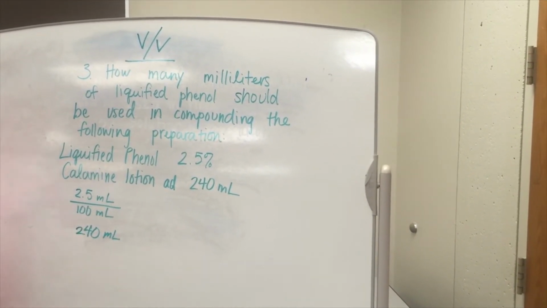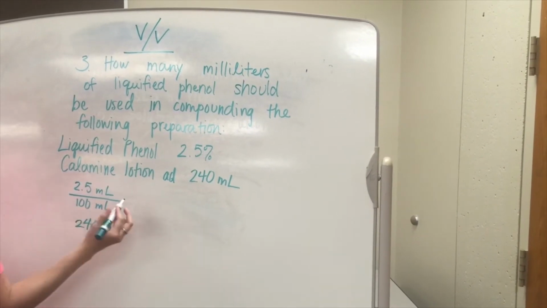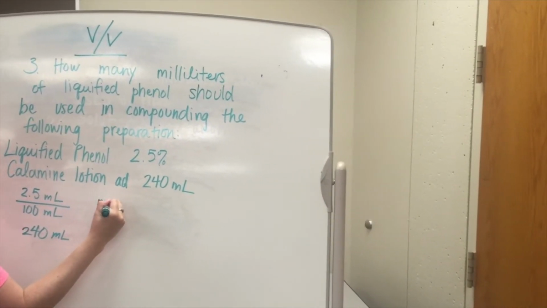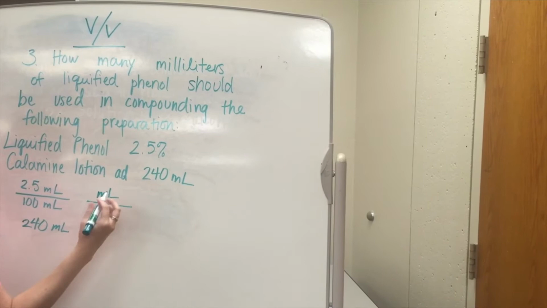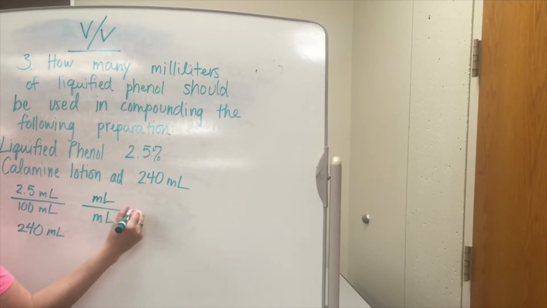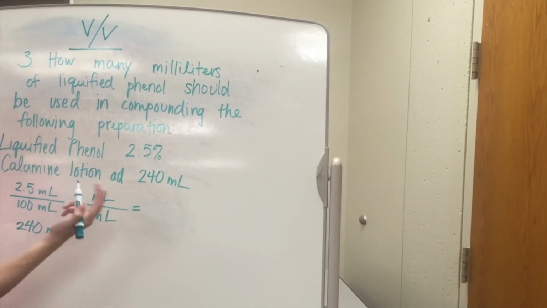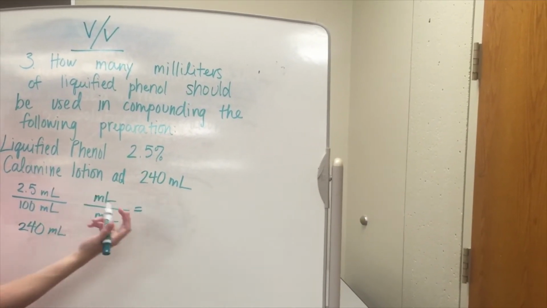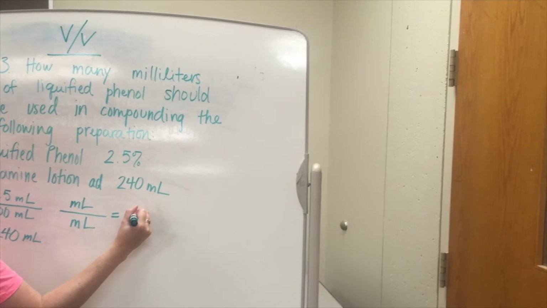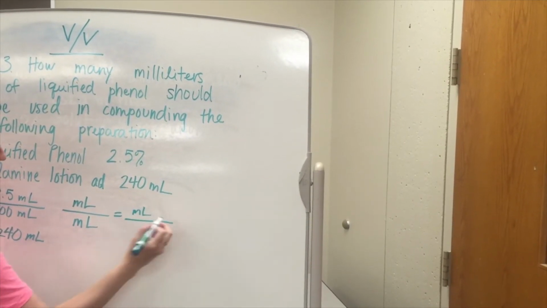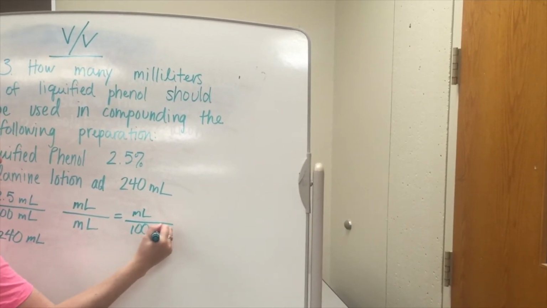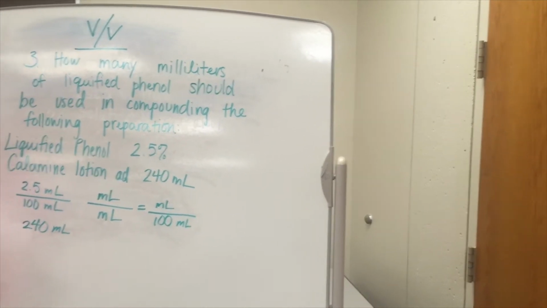So using our equation of volume per volume, you're going to say milliliters per milliliters equals, and we have our percentage on the right side, and since we're again volume in volume, we're going to say milliliters per 100 milliliters, and that is going to be our percentage.